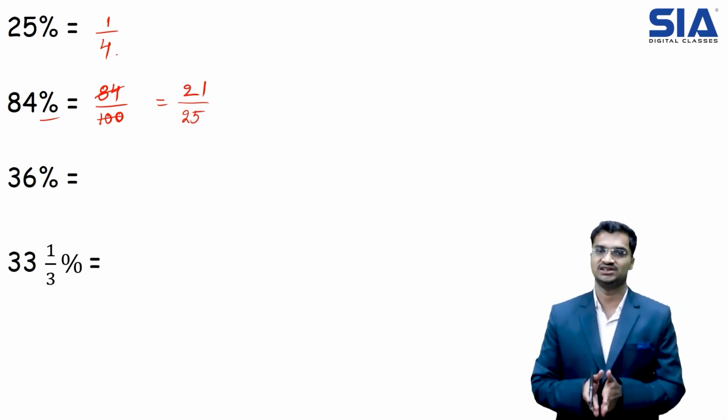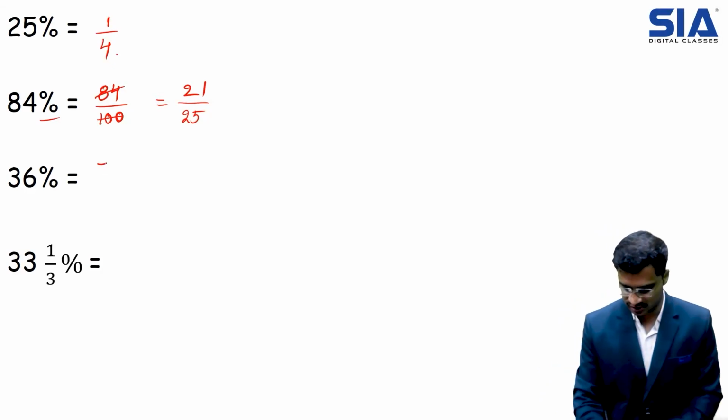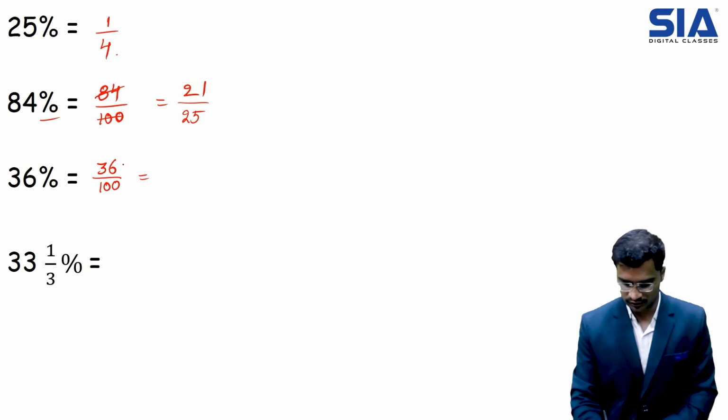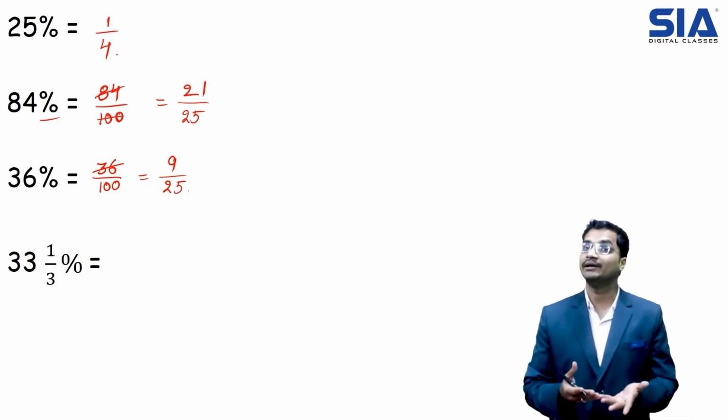So 84 percentage is nothing but 21 by 25. Now 36 percentage, so 36 by 100. Let us solve. 4 9s are 36, 4 25s are 100. I can say that 36 percentage is nothing but 9 by 25.